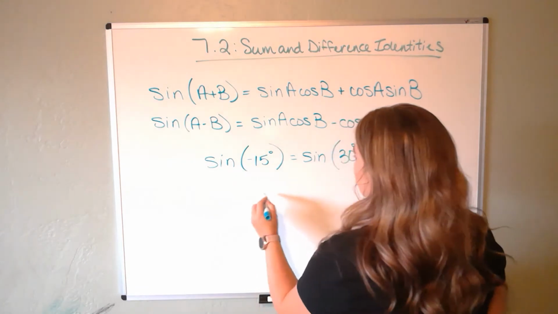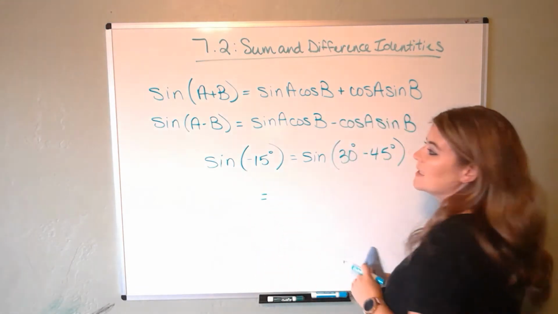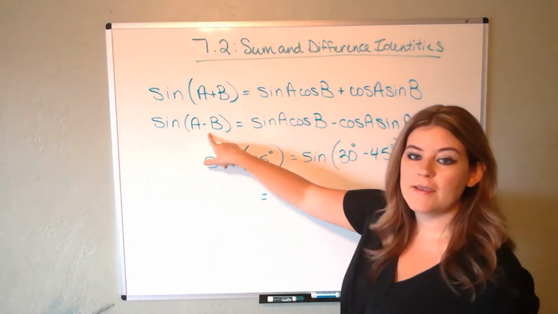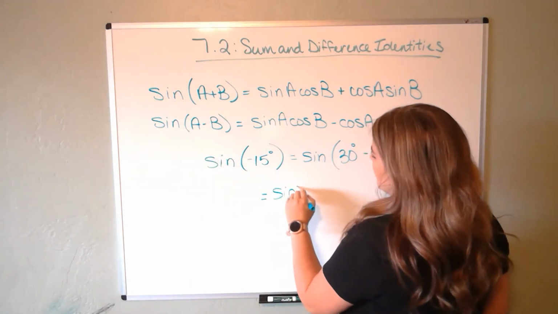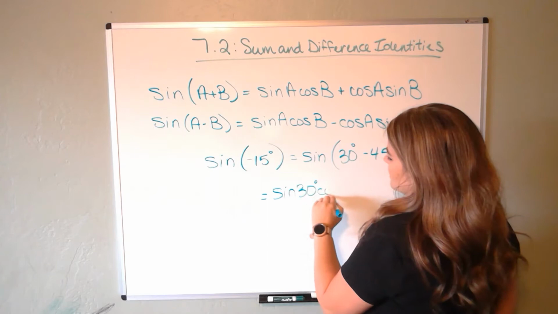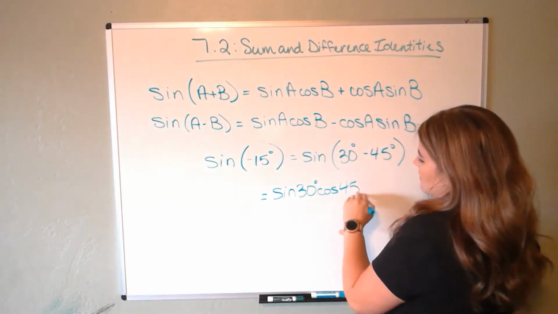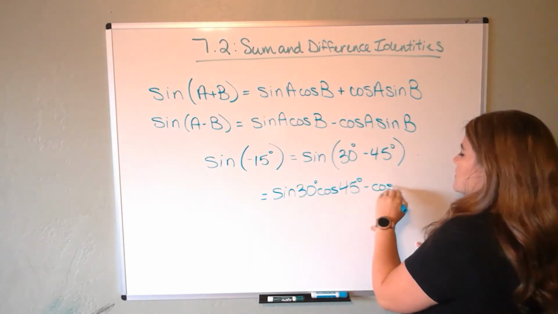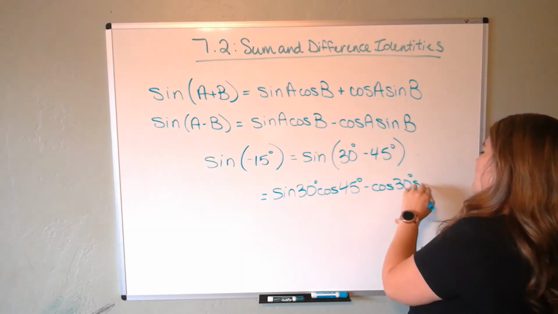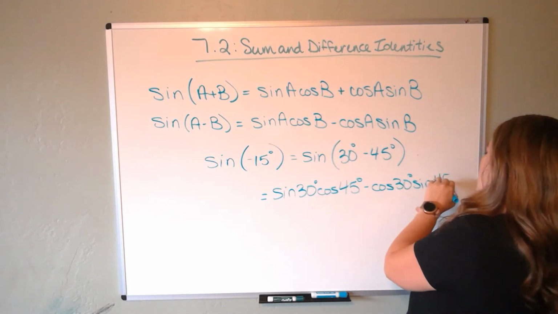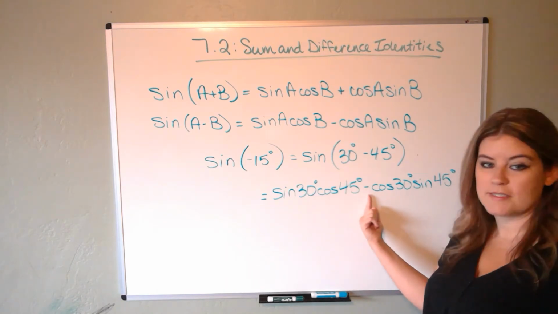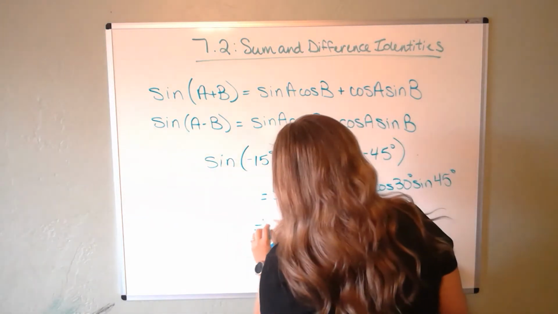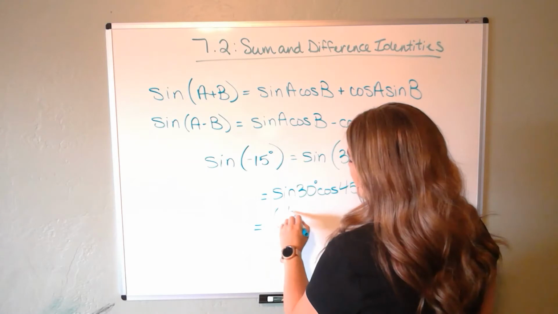So I have the sine of 30 minus 45, looks like sine of A minus B. So it's going to be the sine of A cosine of B minus the cosine of A sine B. So it looks almost identical to the one we just did, except there's a minus here. These are the same values we got before.